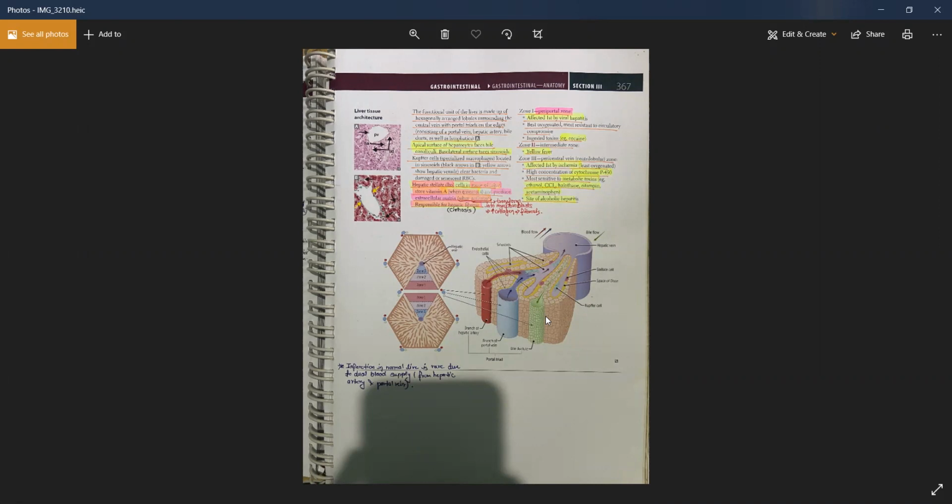Oh, so it would be the portal veins, right? Okay. So that's why it will reach the liver first. It will cause hepatitis. For the hepatitis B virus, it is the parenteral route, right? The blood route. So it will go to the liver by the hepatic artery. Okay. Yeah, that works. Thank you.